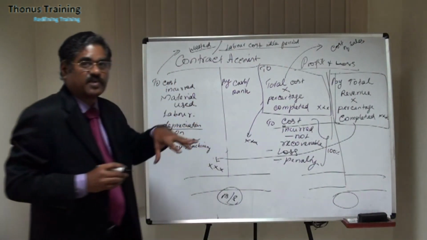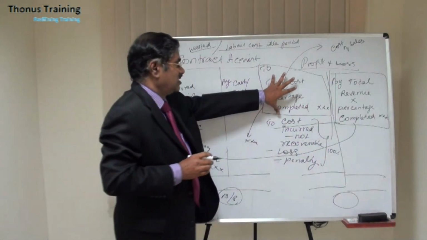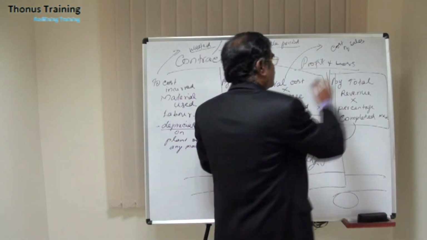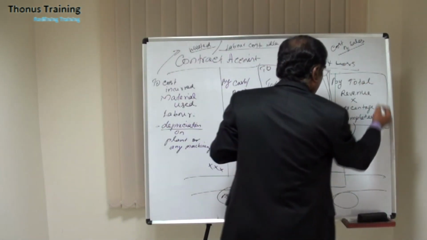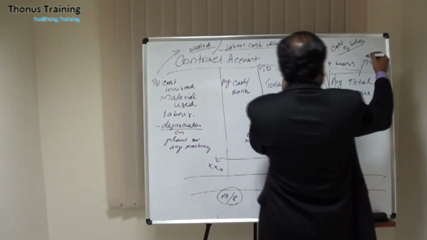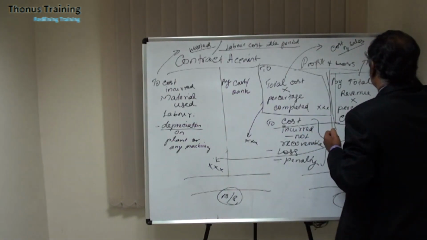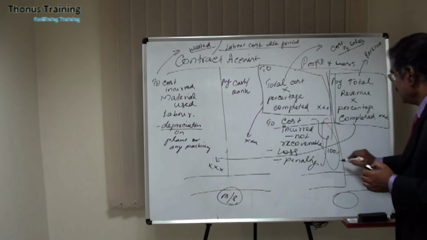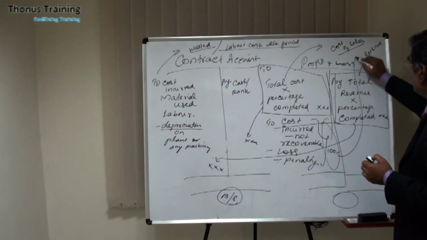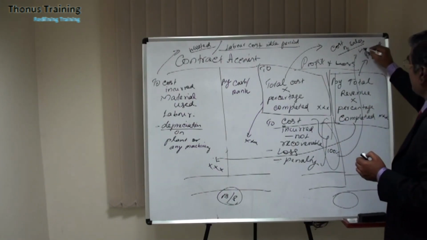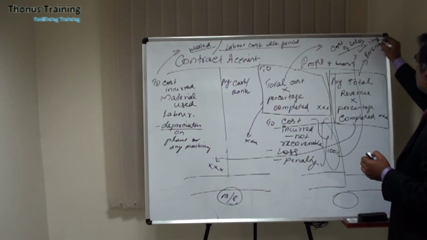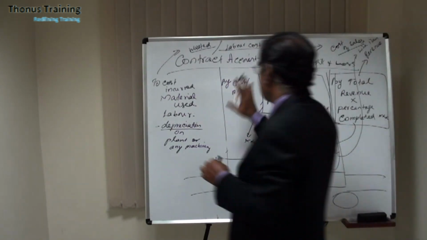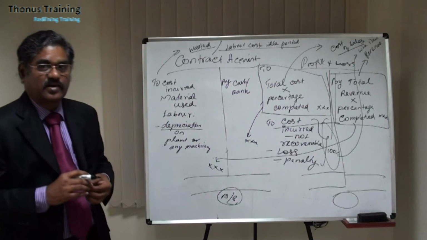So in the statement of comprehensive income, this debit should appear separately under the cost of sales, and this item should appear separately under revenue. If any loss is here, then it is taken to the statement of comprehensive income as a separate line item. So this is the accounting treatment for a construction contract.